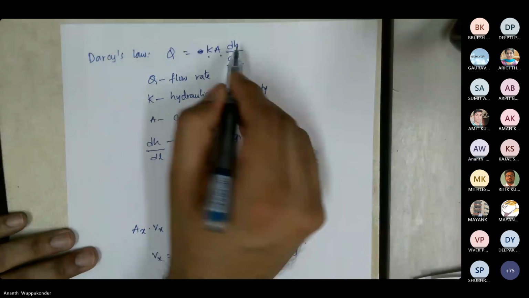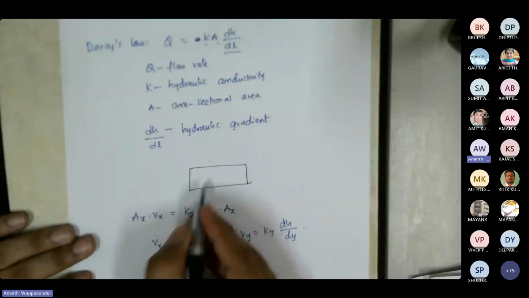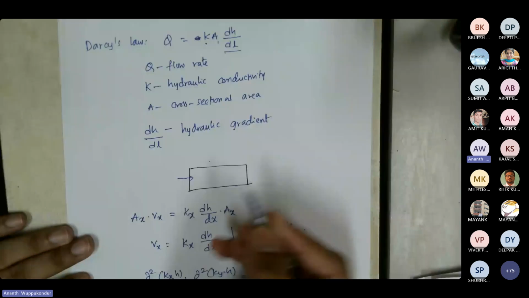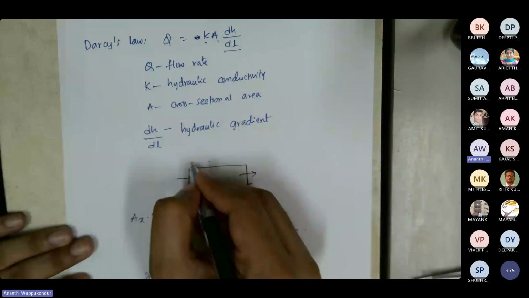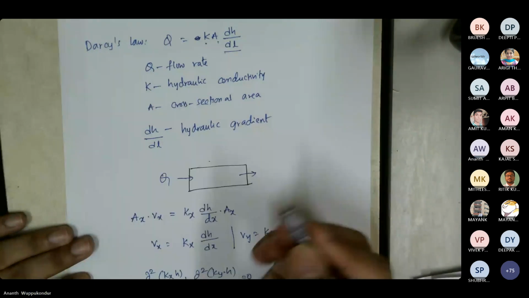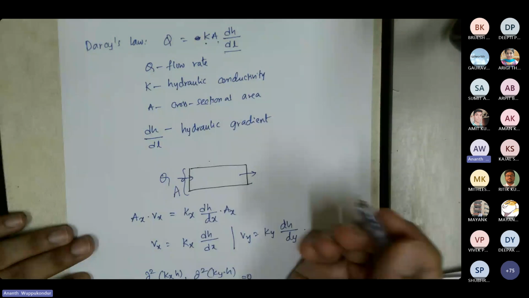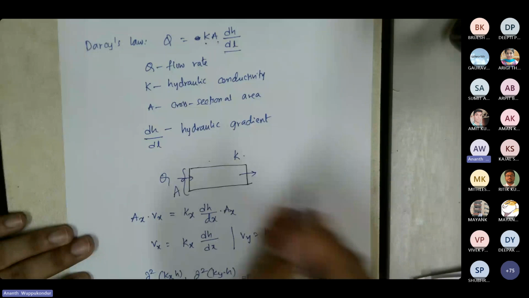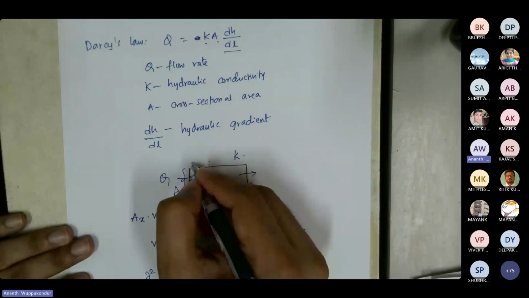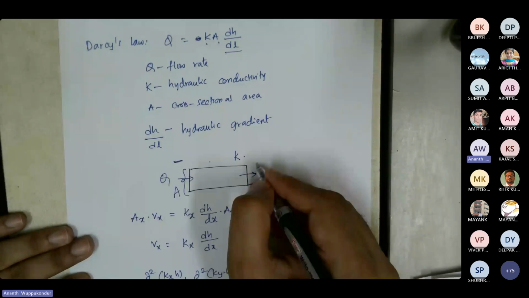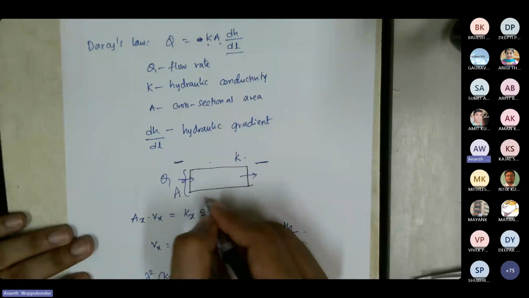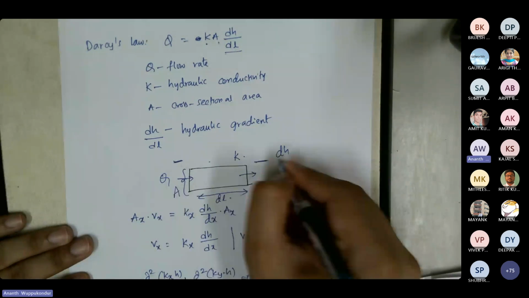Let's say the fluid is entering this medium and then exiting this medium. Then the flow rate is Q and the cross-sectional area is A. The hydraulic conductivity of this material is K. And dH is the head difference from upstream to downstream over a distance of dl. So dH by dl is the hydraulic gradient.